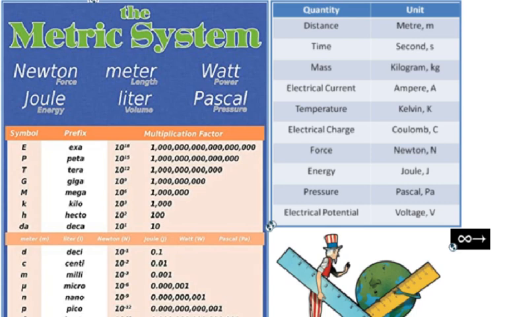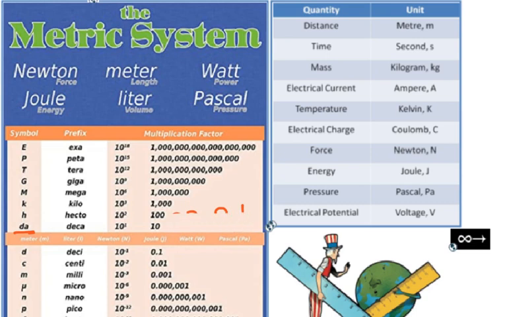In the metric system, everything goes by tens. So let's say if you have deca, you could rewrite 20 as 2 da, and da will mean deca, and deca means 10 to the first.